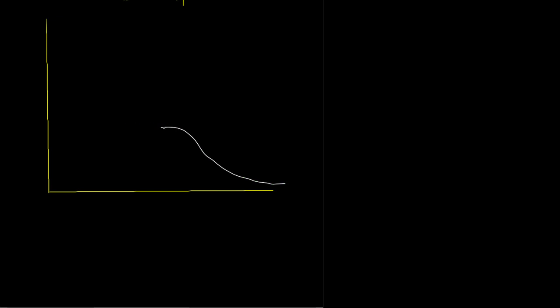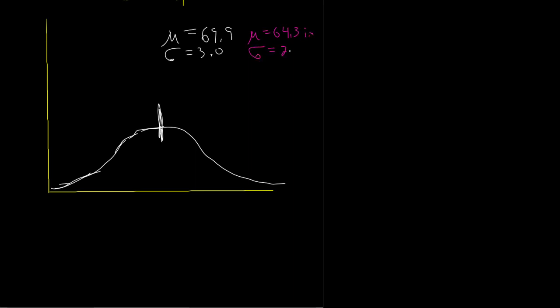So what does it mean to be rare as an event from observed data? Well, let's use our standard distribution. First off, the average height of men in inches is 69.9, with a standard deviation of 3.0 inches. The average height of women is 64.3 inches, with a standard deviation of 2.6 inches.